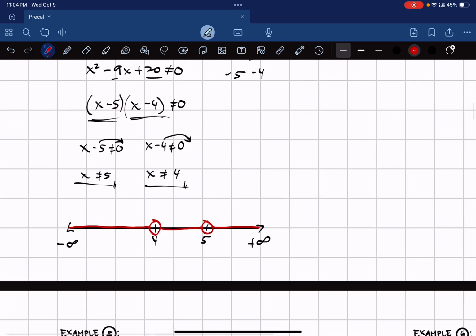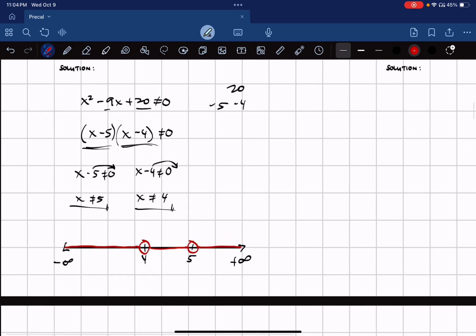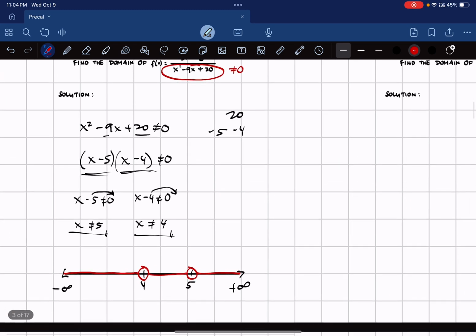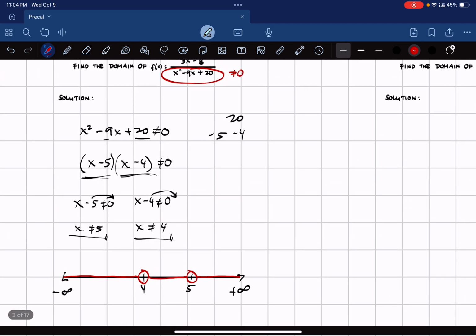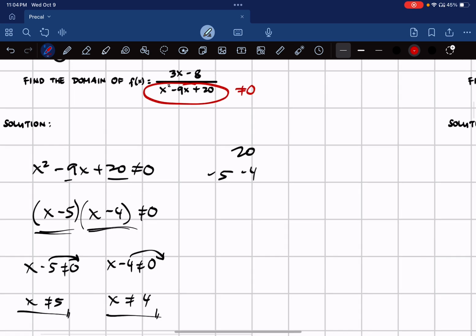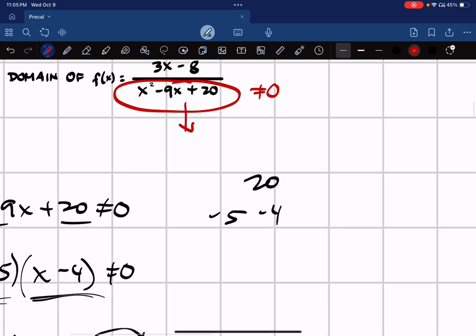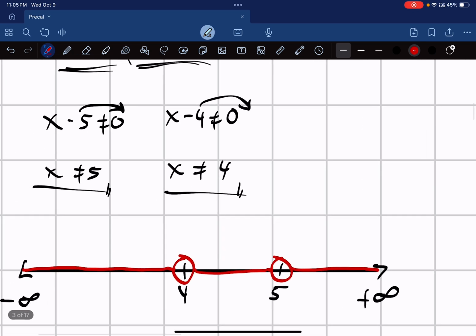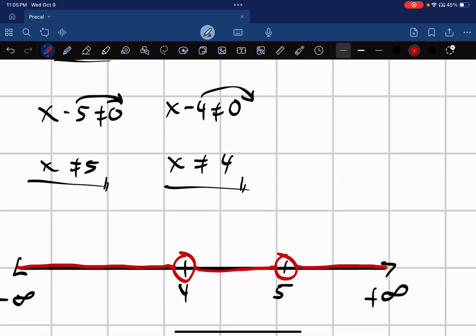We could test, but it's not necessary, since we already got the restriction from the denominator that x must not be 4 or 5. So any value excluding 4 and 5 is a solution.